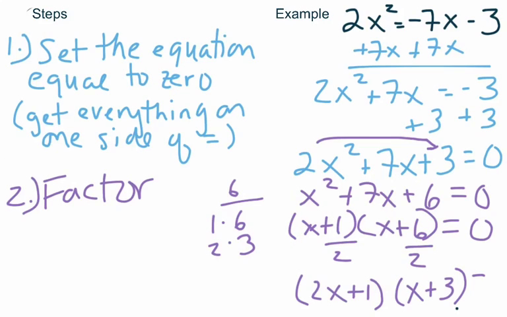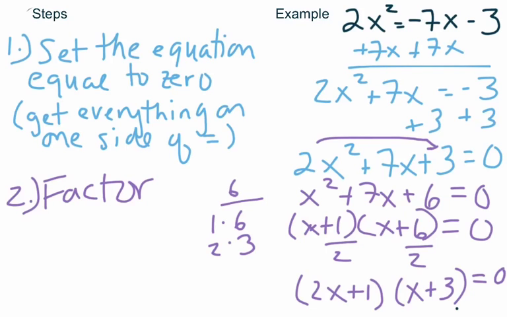Now, what we've done there is we've rewritten our equation in a different form, in what's called factored form. So we've looked at quadratics in vertex form and quadratics in standard form, and now we've got quadratics in factored form.